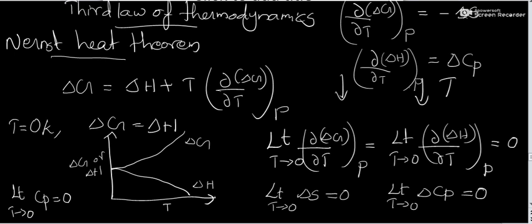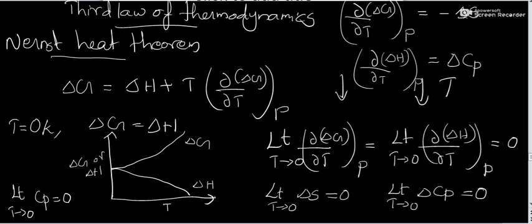Then what is the physical significance of the statement of third law of thermodynamics? We know that entropy is a measure of disorder present in a system. At 0 Kelvin, all the molecular motions will collapse. Then a perfectly crystalline solid has perfect order of its constituent particles.